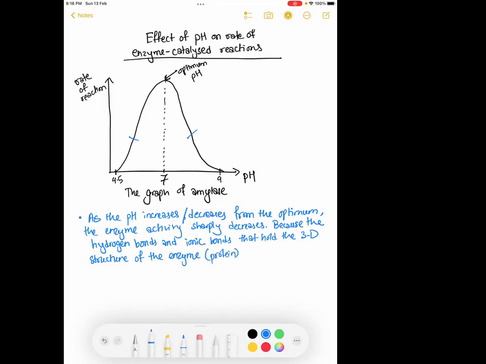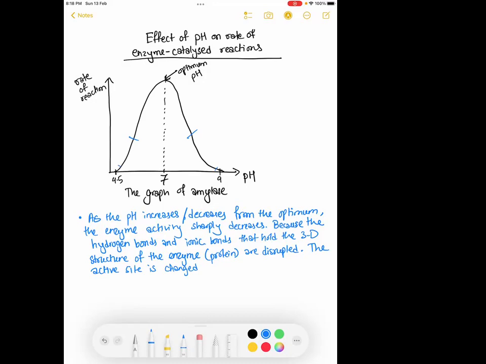Enzyme, which is a protein, are disrupted. So what happens if the shape is distorted? The active site is changed, and even at the extreme level, the enzymes can get denatured.